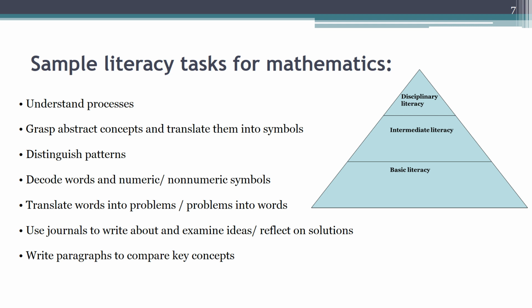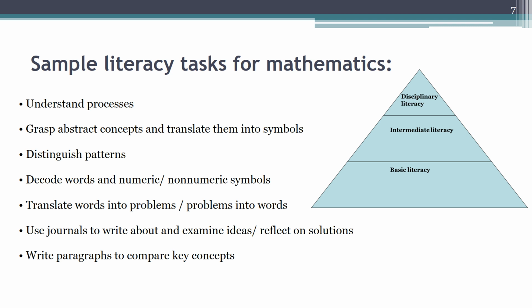We could use journals to think about our ideas and our thinking and our problem solving, and we may use writing to compare concepts. So in the graphic on the right there, what you see are three different levels of literacy, and that basic literacy is when kids are learning sight words and the very basic means of expression.